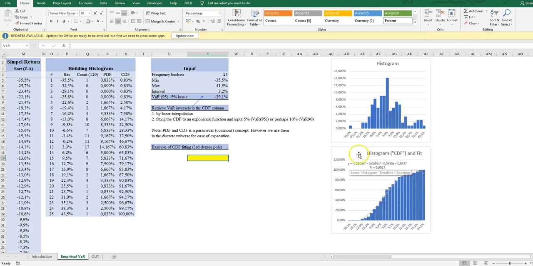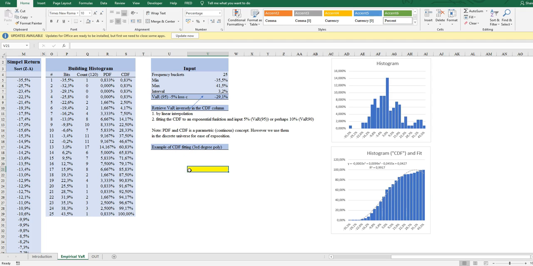So now I have to invert. So what I have to do is to set 5% in instead of y, and then calculate x. And you cannot do that by hand or with a simple equation. You have to use trial and error. So you have to build a formula in VBA or somewhere else where you guess on the x until you get 5%.